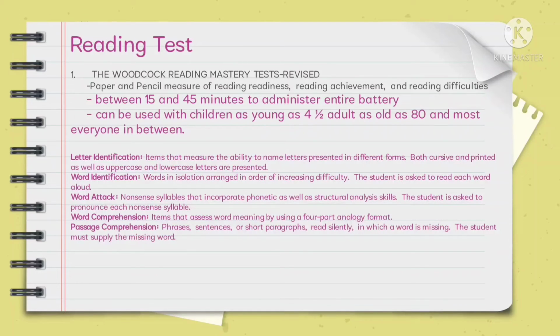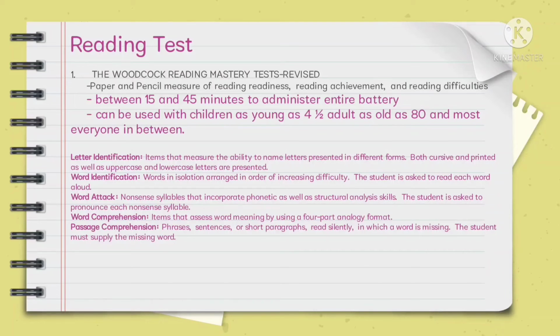For illustrative purposes, we briefly describe one such diagnostic battery, the Woodcock Reading Mastery Test Revised Edition. This paper and pencil measure of reading readiness, reading achievement, and reading difficulty takes between 15 to 45 minutes to administer the entire battery.